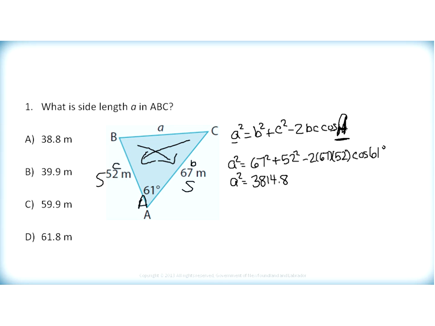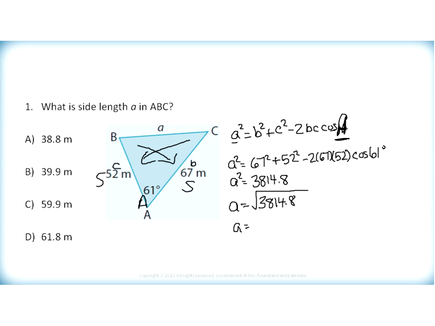It's A squared. So to get A, this is kind of like Pythagorean theorem. To get A, I need to get the square root of 3,814.8. So on my calculator, I find the square root button.